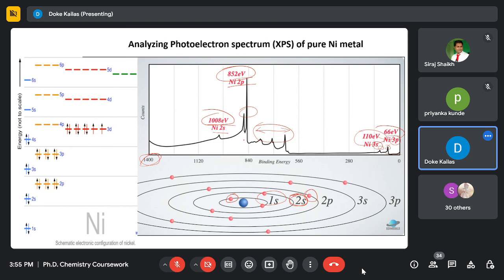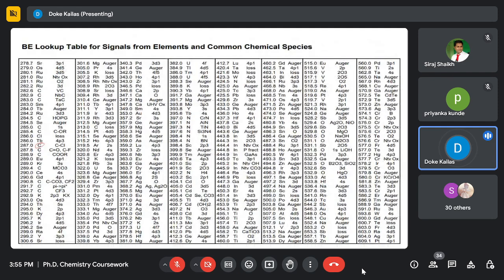So what are these central peaks, from this region to this region? These are because of Auger electron emission. This electron also reaches the detector, and we cannot filter that electron.